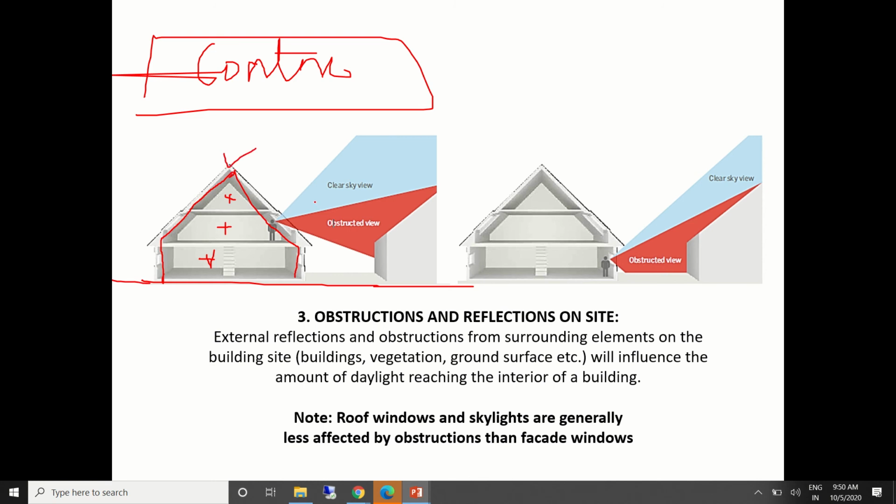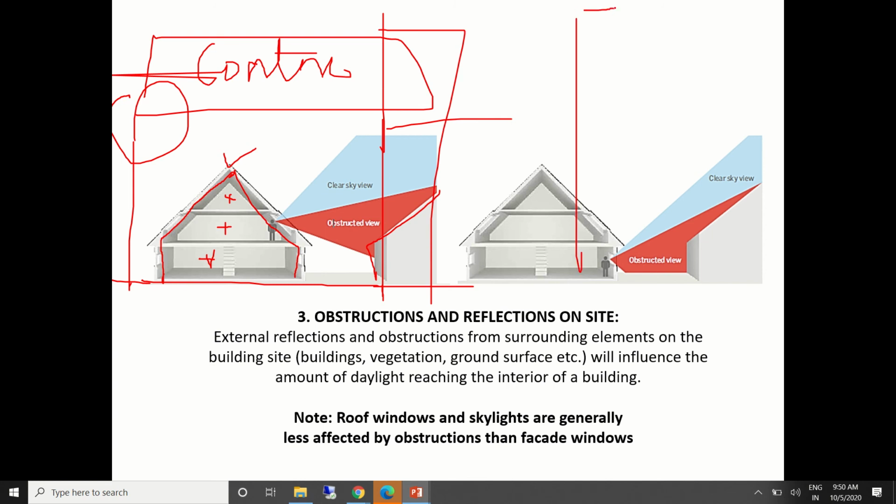Why? Because you have adjacent buildings, you have trees, you have tall towers somewhere here, and that will also have an impact if it is closely placed. So obstructions is another parameter which is not discussed much, but that is one of the important parameters that we should keep in mind when we talk about daylight.